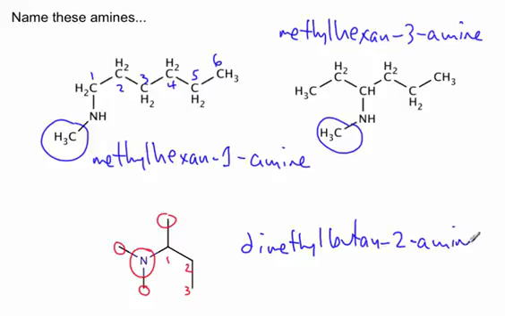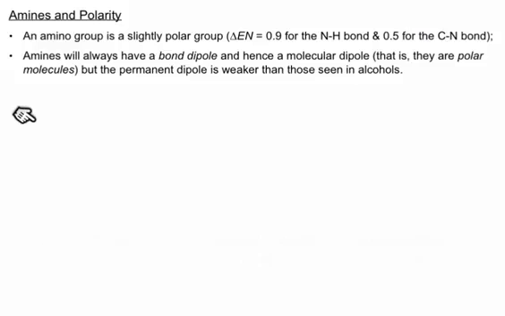In fact, I look at my longest chain as 1, 2, 3, 4, and that's a butane, but it's attached to carbon 2. So dimethylbutane-2-amine, that's what that is.